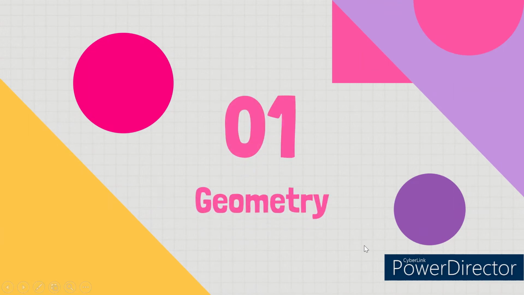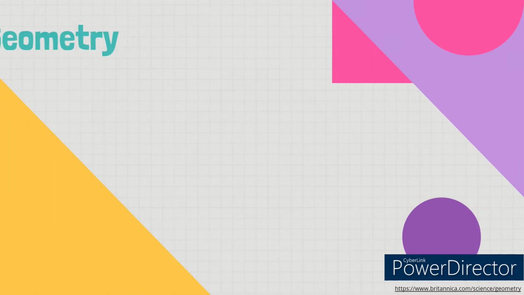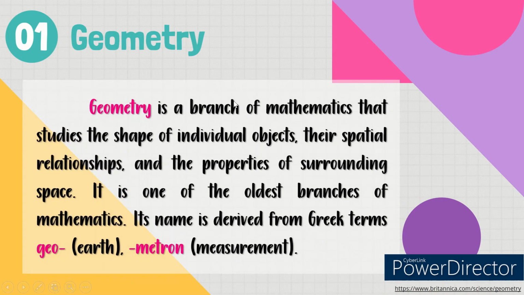So again, for the first one, we have geometry. What is geometry? Geometry is a branch of mathematics that studies the shape of individual objects, their spatial relationships, and the properties of surrounding space. It is one of the oldest branches of mathematics.